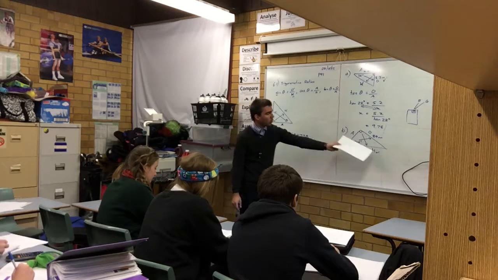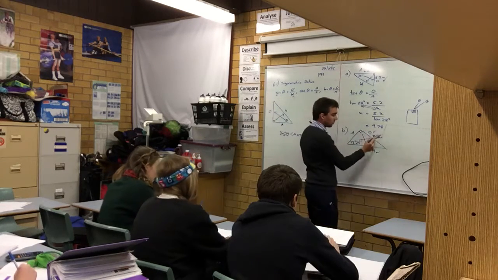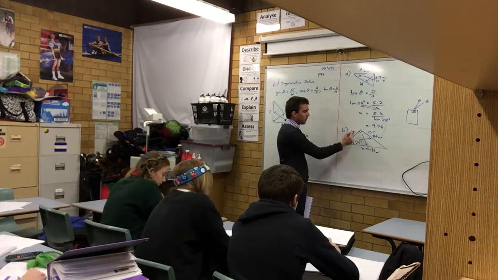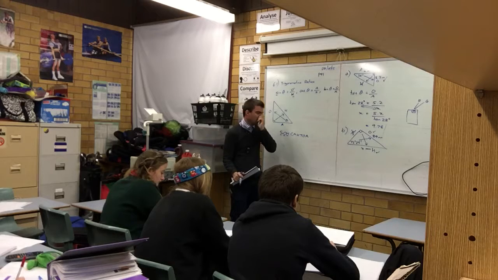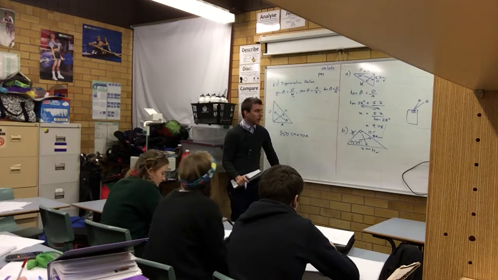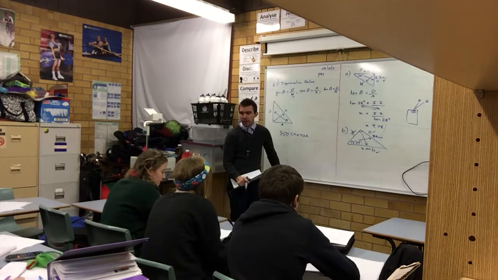I know how long the opposite side is, because I'm told, and there's no information at all on the adjacent. Pretty much 95% of your right angle triangles will be this sort of manner.